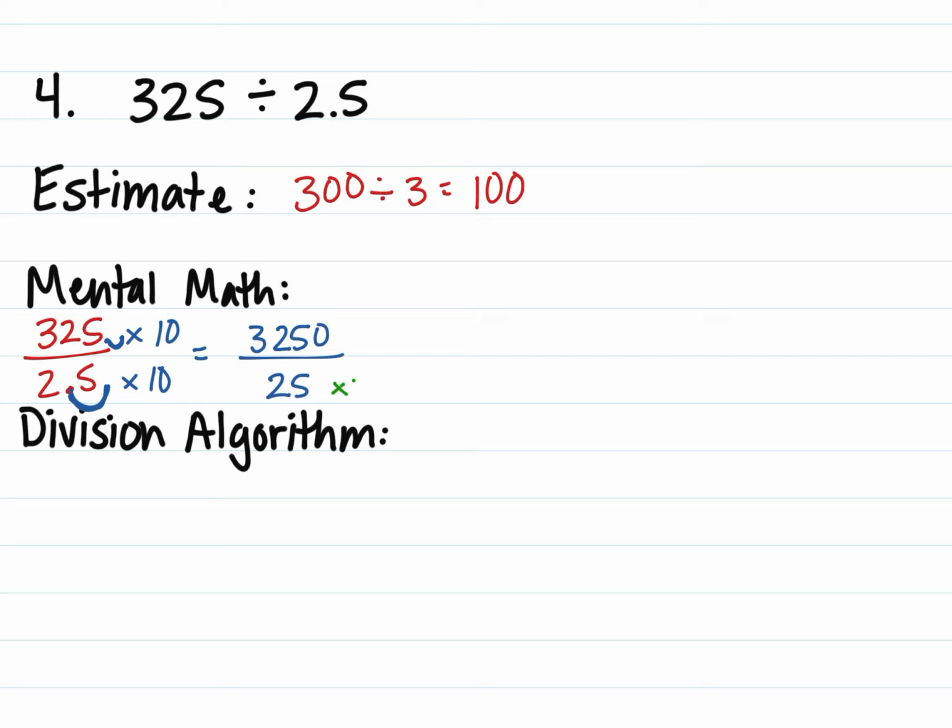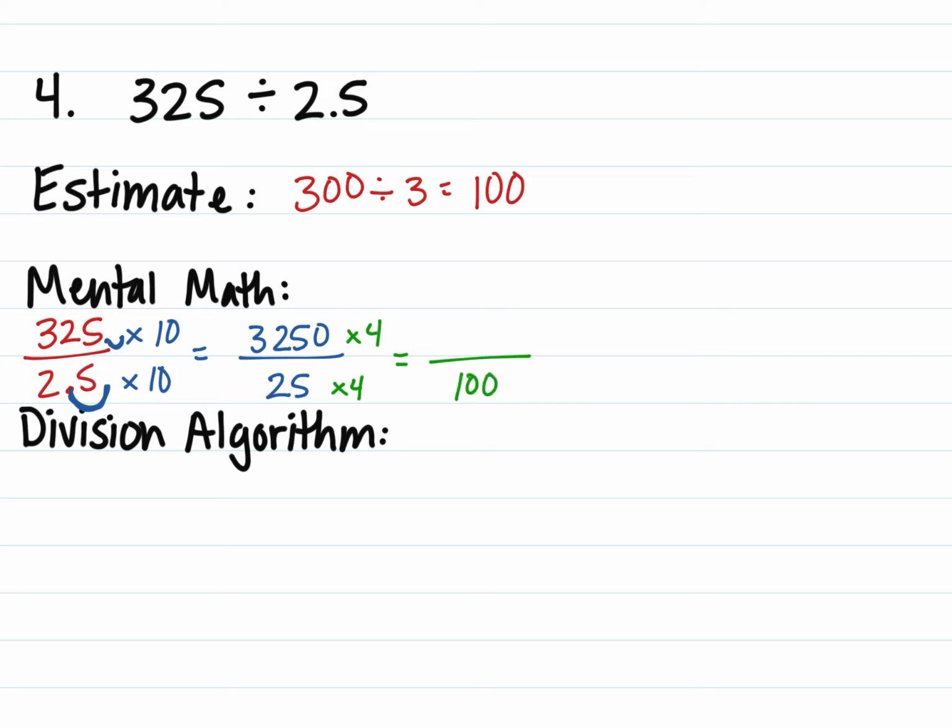Now I'm going to multiply by 4 here. And the reason that I'm choosing 4 is because I'm trying to turn 25 into a number that's easier to work with. For me, using 100 is simpler than using 25, and 4 sets of 25 gives me 100.